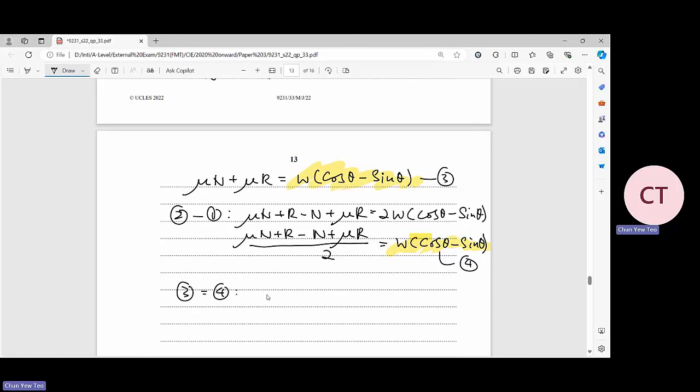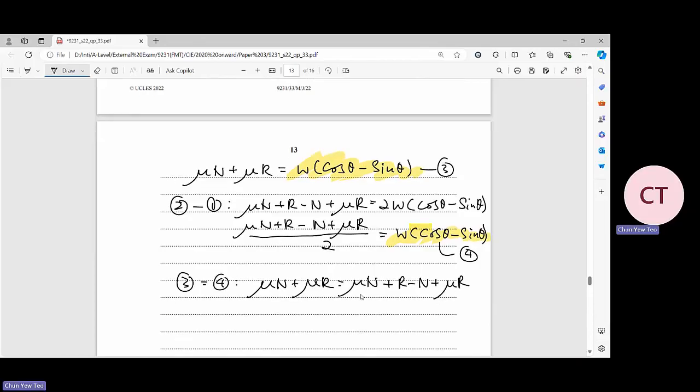Then you will get mu N plus mu R is equal to mu N plus R minus N plus mu R over 2. Okay, so you get 2 mu N plus 2 mu R is equal to mu N plus R minus N plus mu R.